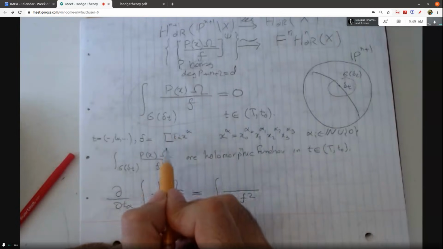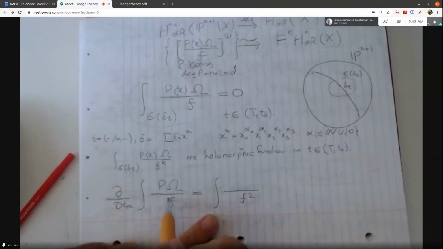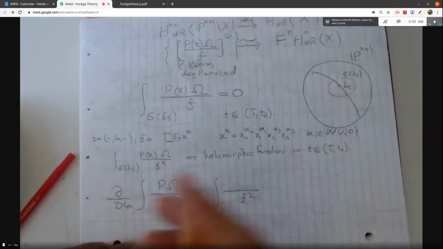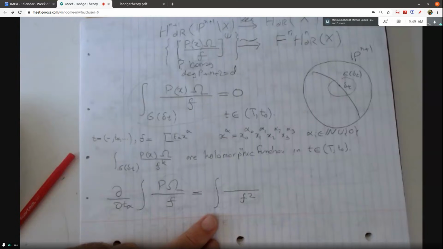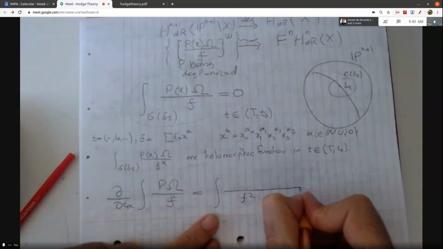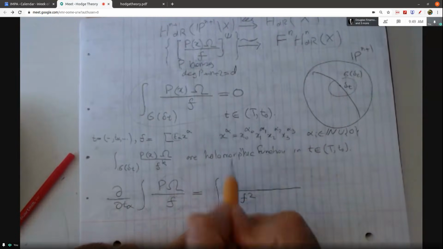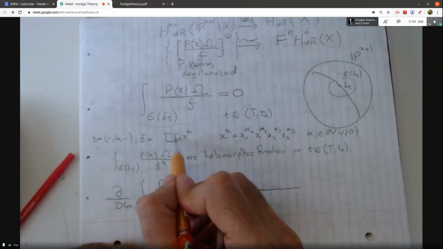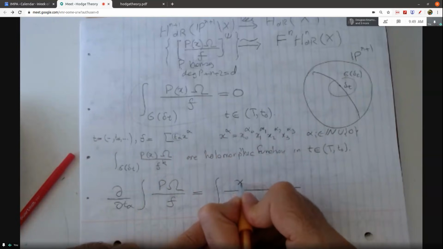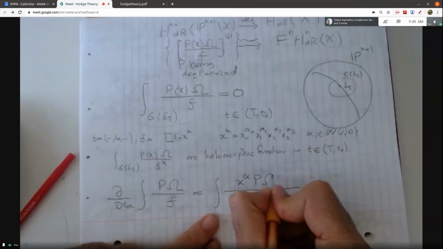So you remember that T alpha is in the denominator. So this means that we will use the classical derivation of a fraction. And so what we'll have here: the derivation of f with respect to T alpha is x alpha. We'll have this x alpha P omega.